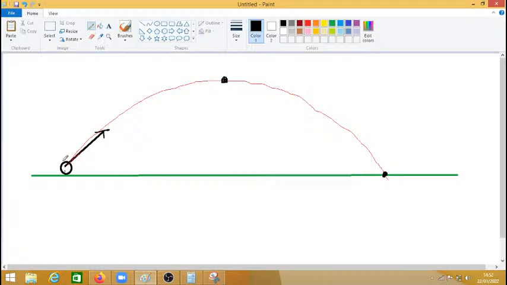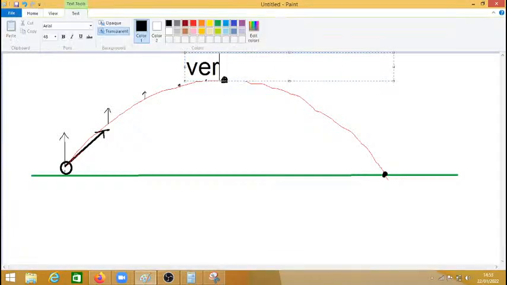The vertical velocity component starts off like this, but then gravity is pushing down. So slowly, as that ball carries on its path, the velocity component upwards gets smaller and smaller as gravity takes its effect. So right in the middle, when it reaches the greatest height, the vertical component of velocity is zero.